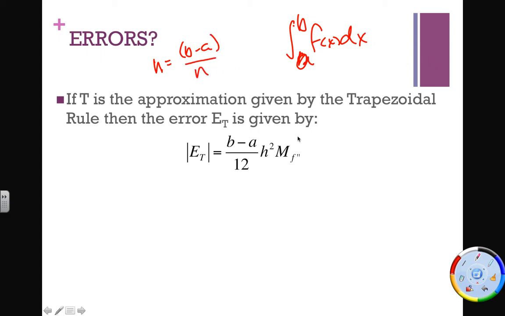And then this part here is the interesting looking thing. This is going to be the max value of f double prime. Oh, we're going back to derivatives. That sounds like fun. So you've got to find the maximum of f double prime, the second derivative of the original function that's inside the integral.